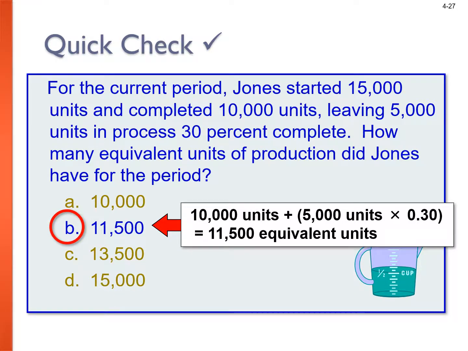The other 5,000 are 30% complete, so in equivalent units, 1,500 of them are the equivalent units of being completed. So 11,500 is your equivalent units. So that's how you determine that. The number that are actually completed plus the additional amount times the percentage that it is completed. Add those two together.